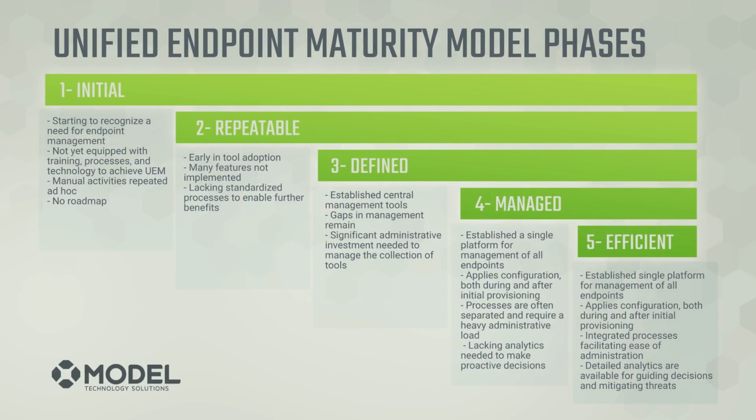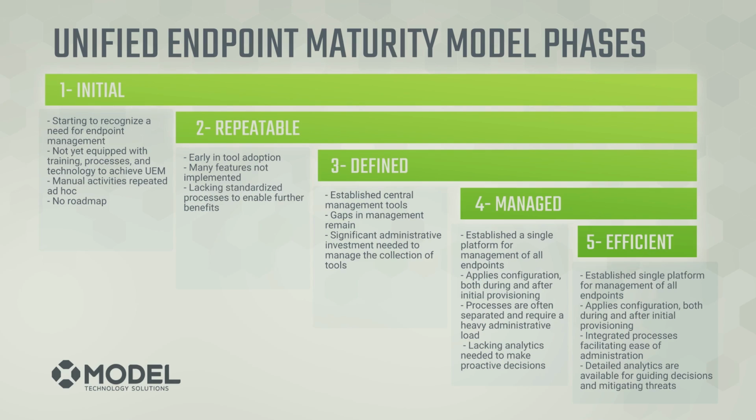So our maturity model. We spent time putting together what we classify as the unified endpoint maturity model. There are 5 phases to the model: the initial phase, the repeatable phase, defined phase, managed, and efficient. These phases all have a variety of characteristics that define the phase themselves.